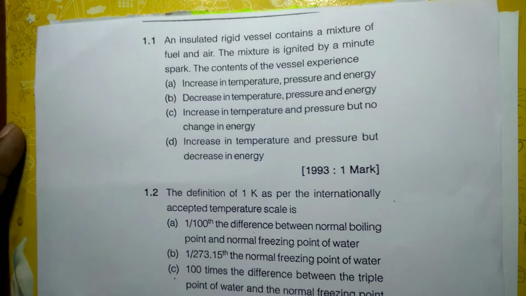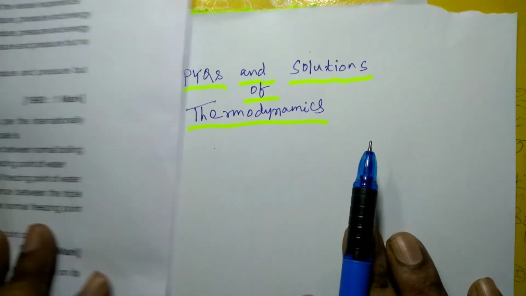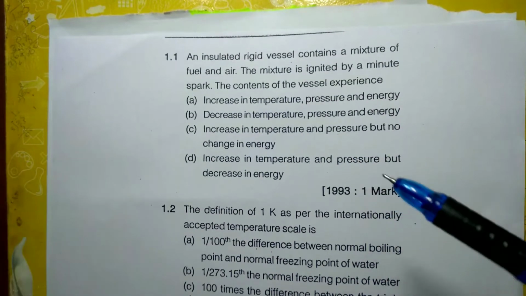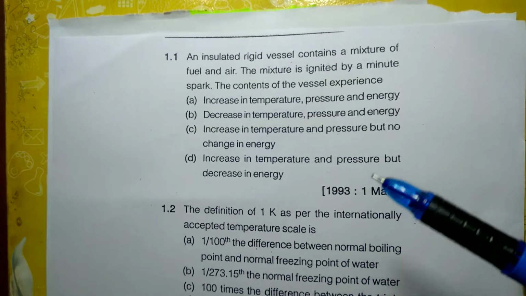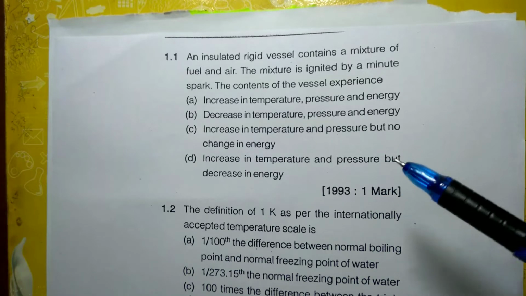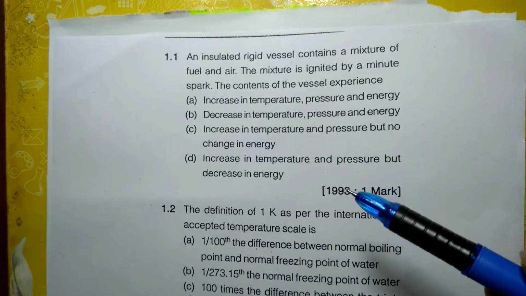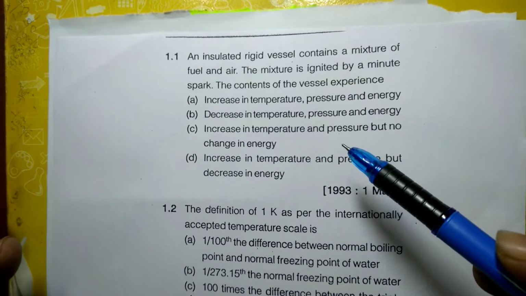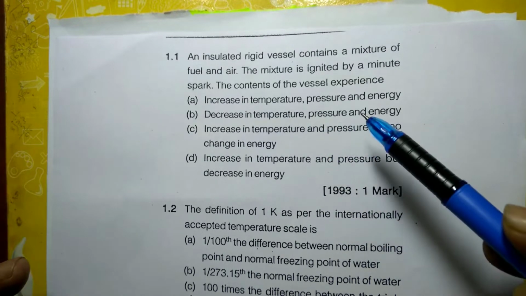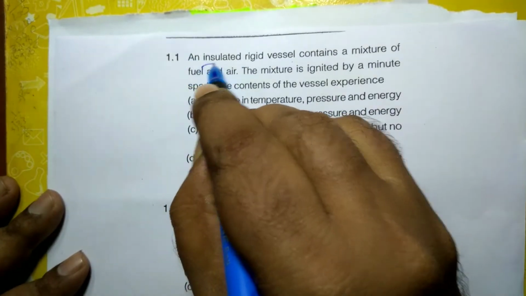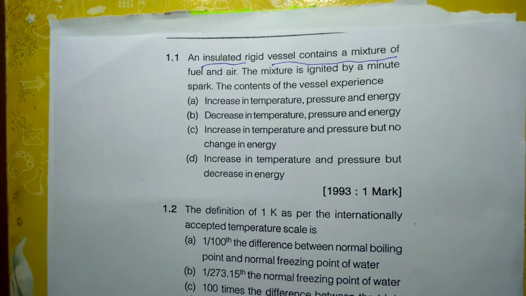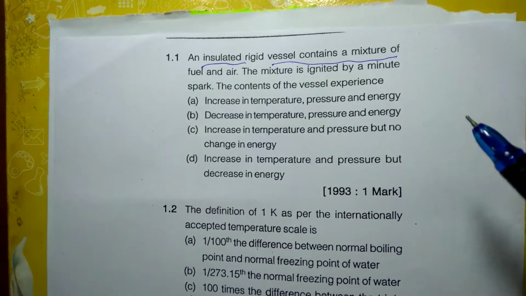So basically this question is related to the concept of system. What is a system? And the first law equation for a closed system. In fact, insulated means it's a closed system, and a rigid vessel, insulated and rigid vessel, contains a mixture of fuel and air, and the mixture is ignited.